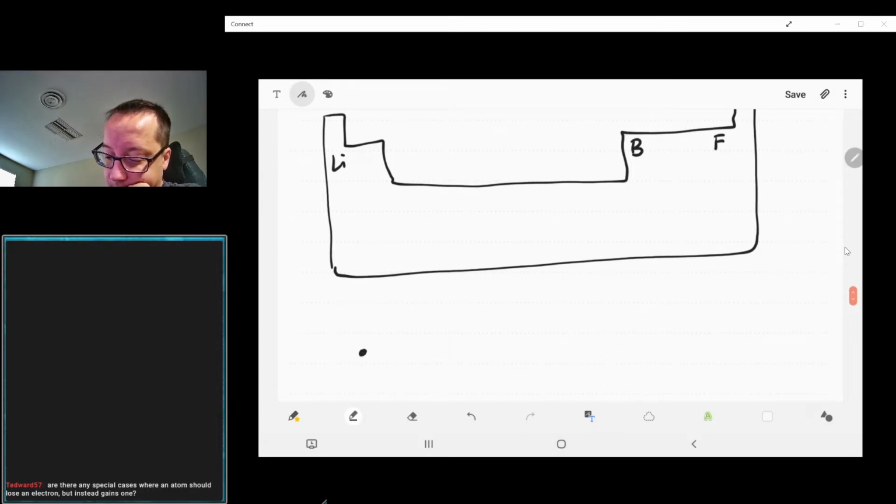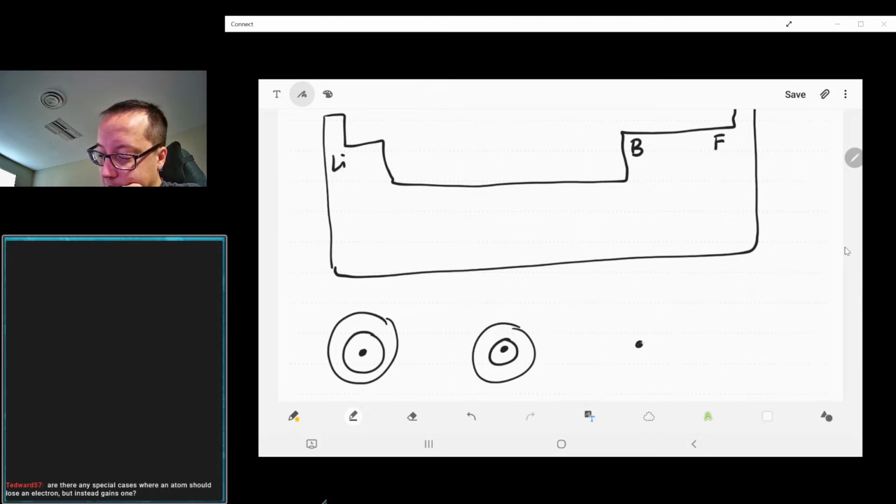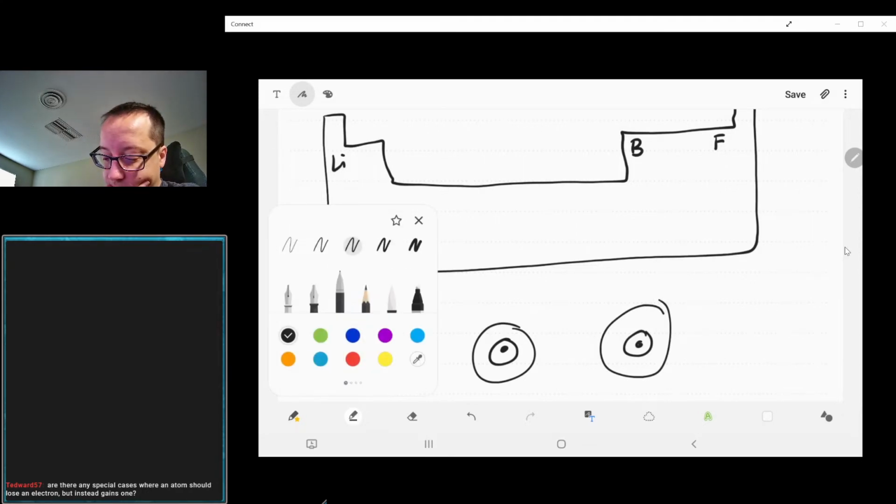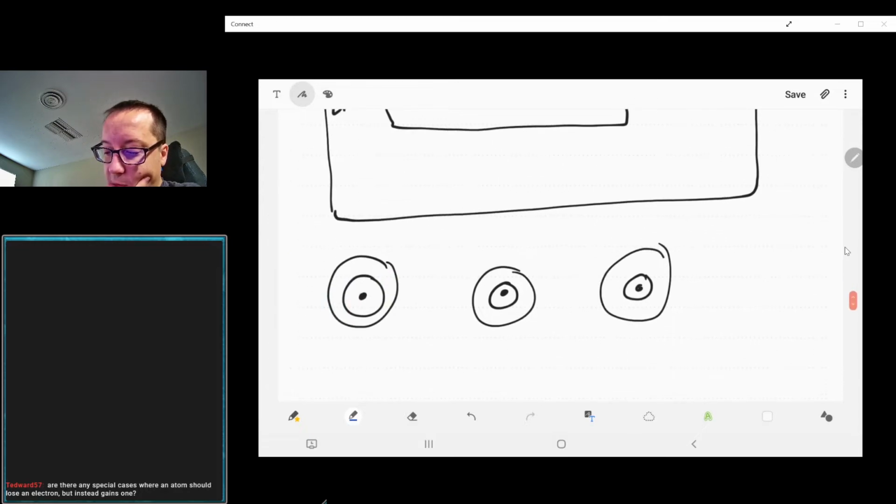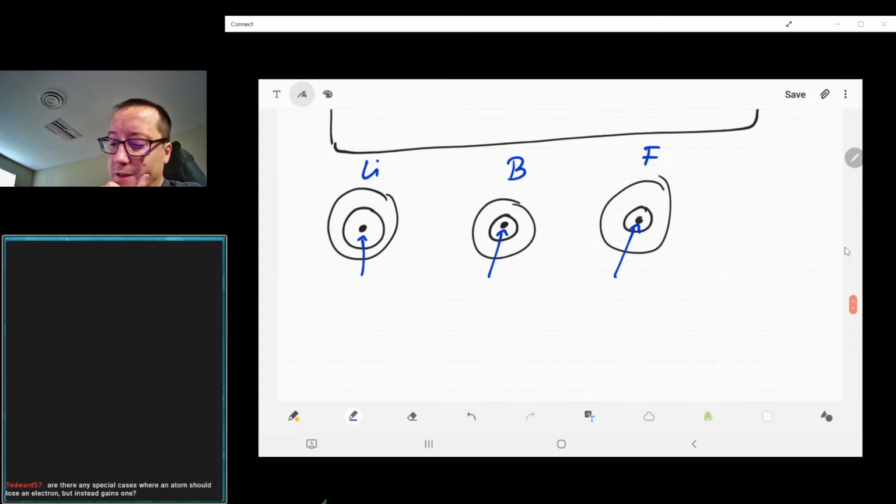So, if we just kind of cheat and use our Bohr model here, if we look at the nuclei of these three, lithium, boron, and fluorine, we see that lithium's nucleus is 3 protons, so it has a 3 positive charge. Boron is 5, yeah.